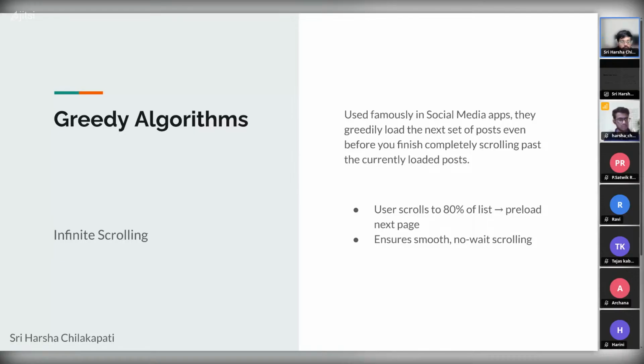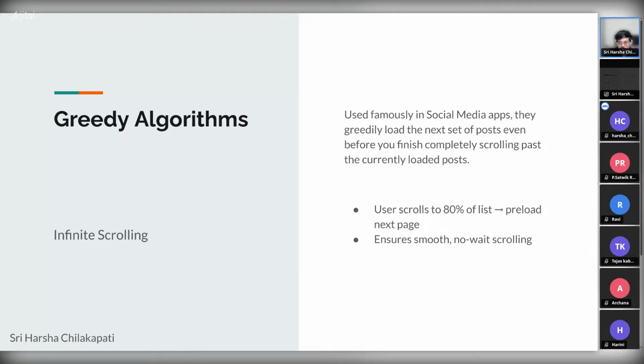Then infinite scrolling. So you have Instagram again. You keep on scrolling, keep on scrolling. Most users don't keep 100% attention on one post. They'll keep on scrolling, and it takes a bit of time to fetch the next set of posts.